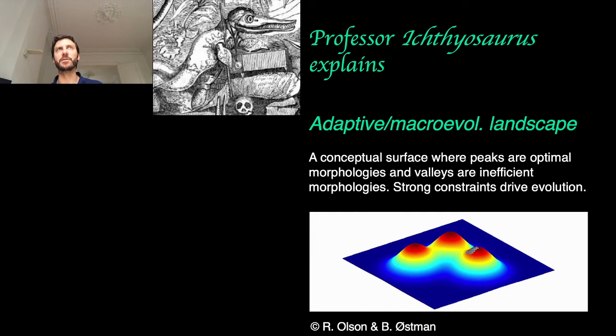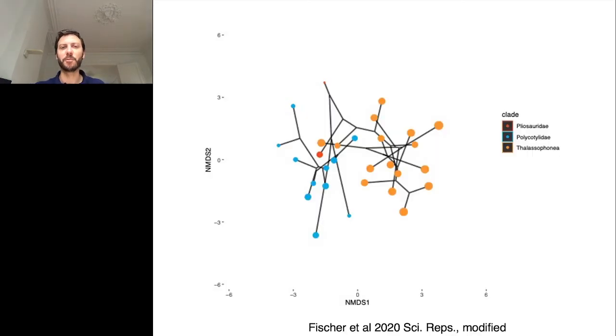Some people have used some kind of performance, for example, you measure the speed of a swimming turtle, and then you can derive for modern turtles and closely related forms maybe an adaptive landscape as well. But here we have a lot of values, we have multivariate values, and we have animals which are long dead.